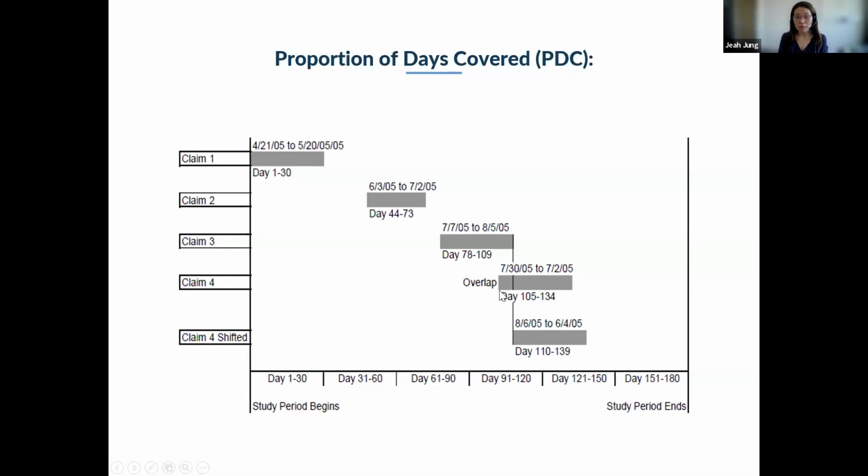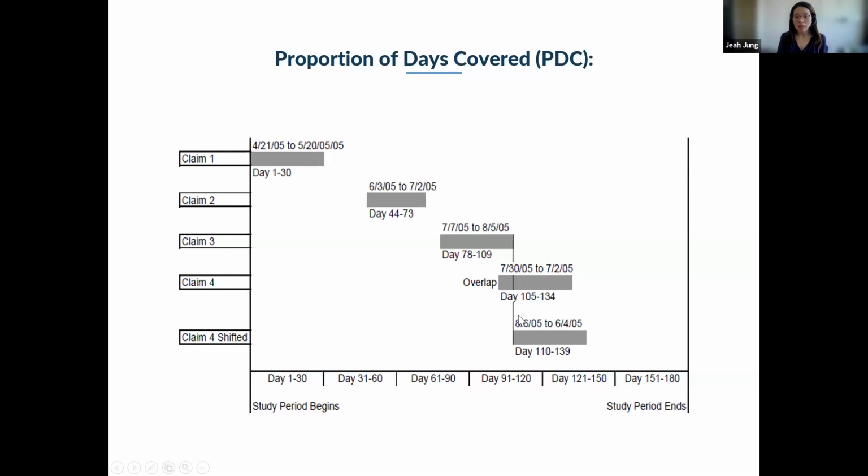So even though this beneficiary came back in July before consuming all the drugs, I'm going to say the start date is August 6th, so that they can use this. So they are pushing to use up this oversupply portion so that it doesn't go back to the earlier days. In that way, you do not use this oversupply portion unreasonably just to increase the ratio.